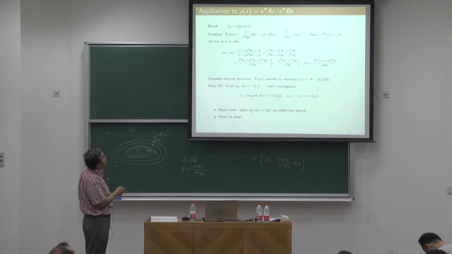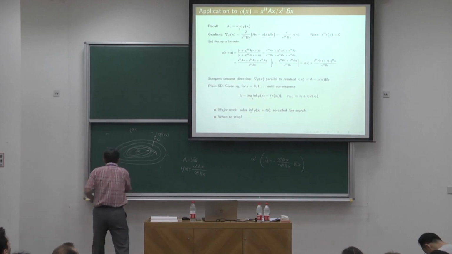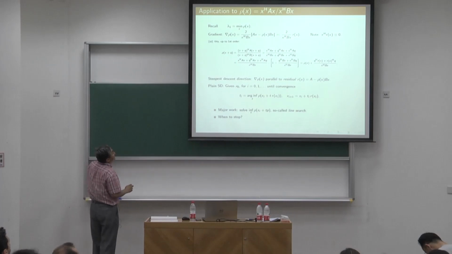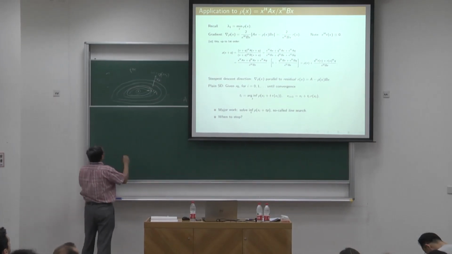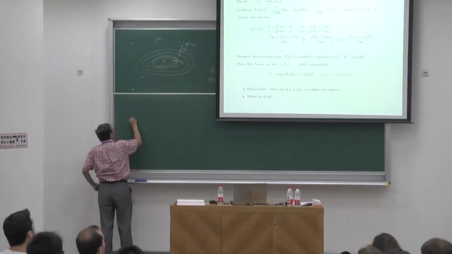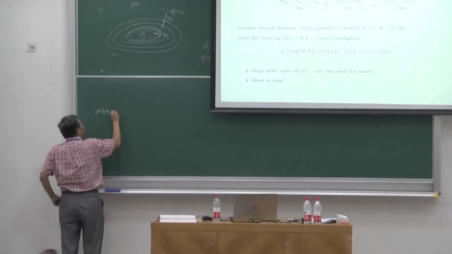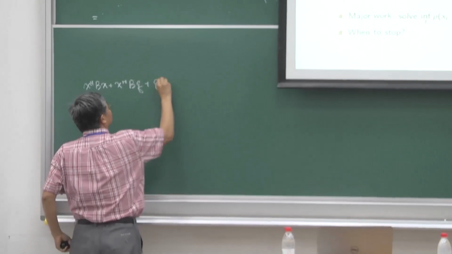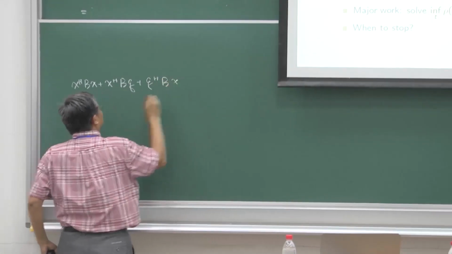Then the numerator stays the same, and the denominator is x transpose Bx. Well, how do you get this? Let me write one out.